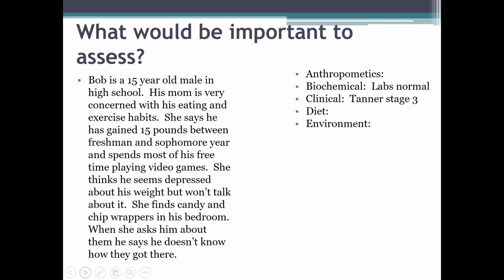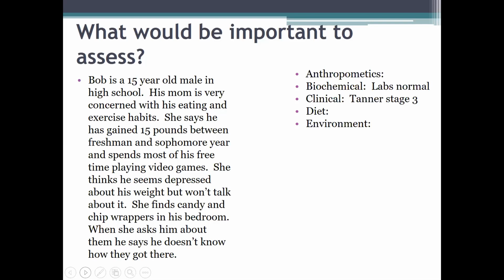The whole food hoarding, you might start to think about, oh my gosh, is this kid binge eating? I personally didn't go there quickly with Bob because he already didn't like me. And he did eventually admit that he was buying that candy and stuff. But there was so much to work on with him that you kind of have to prioritize some of it.